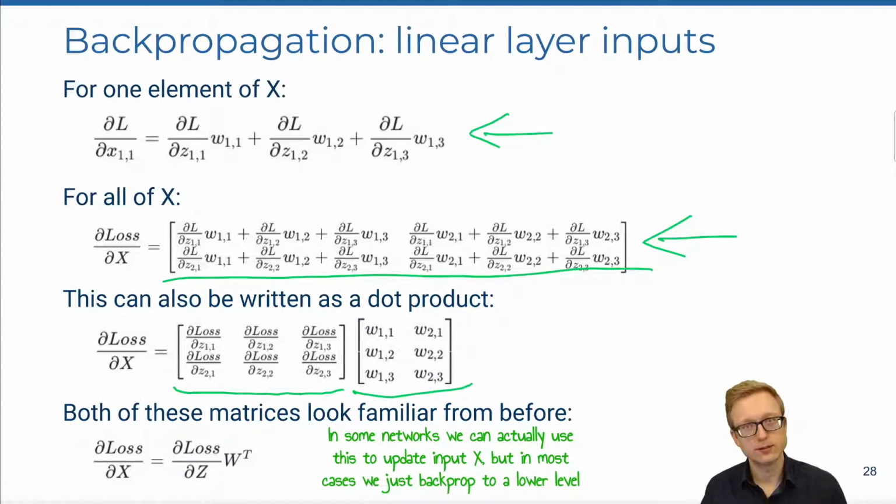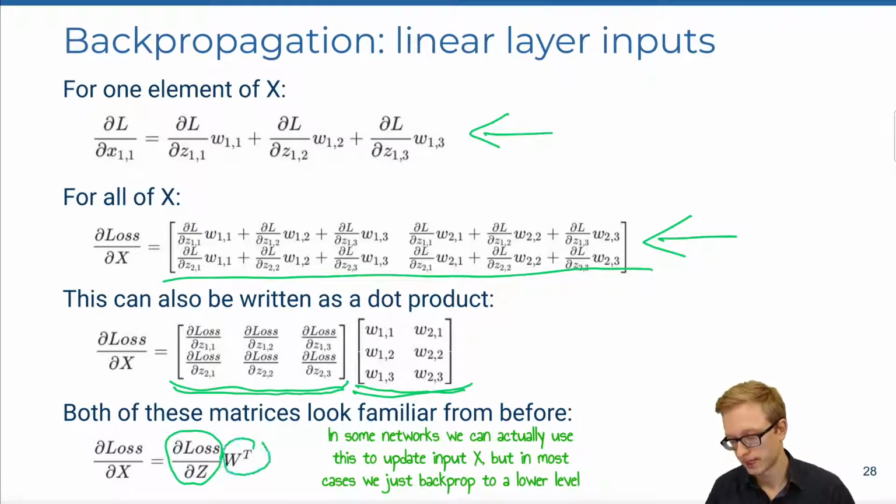These two matrices should look kind of familiar to us because this one here, the first one, is the one that we assumed at the very beginning that we have as input. So it is the partial derivative of the loss with respect to z. So we get that from an upper layer. This one is just the weight matrix for that particular layer transposed.